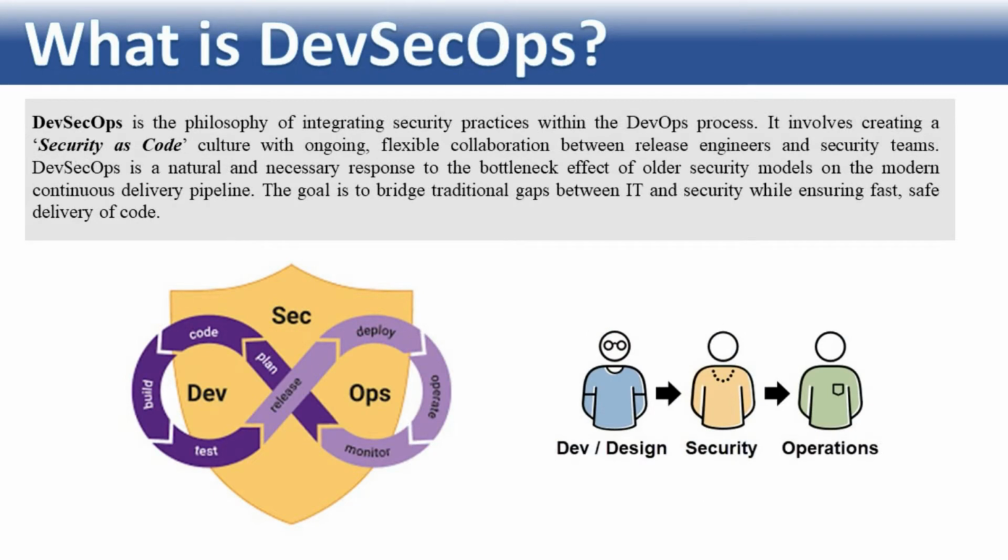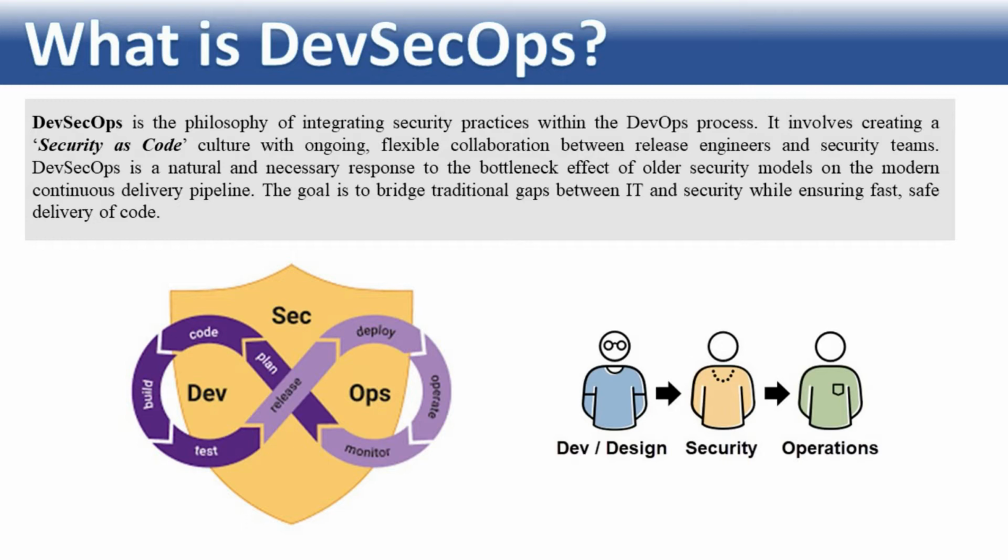Okay, next let's see what DevSecOps is. DevSecOps is the philosophy of integrating security practices within the DevOps process. It involves creating a security as code culture with ongoing, flexible collaboration between release engineers and security teams.